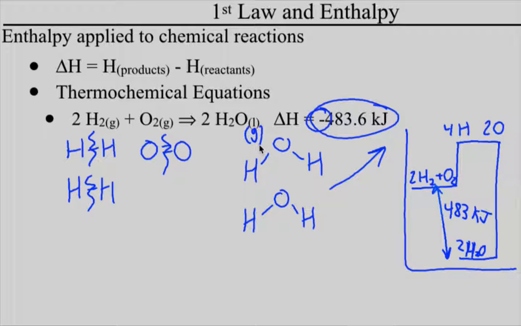Here's my question. Changing that L to a G, don't think. Don't talk. Think. How does it change your graph? Changing your L to a G, how does it change your graph? Think about it, and then we'll talk in a second.